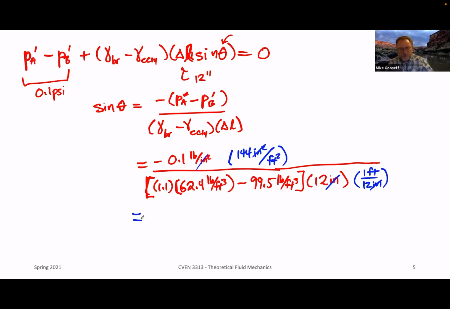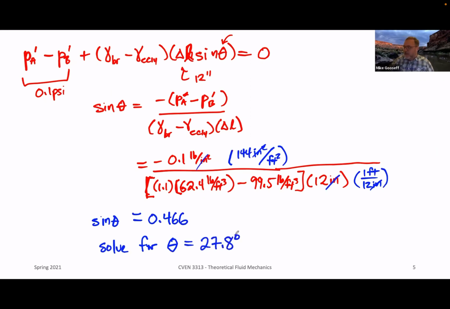Basically, I come up with, where's my magic number here? Remember on the left-hand side, we just have the sine of theta. But when I work all this out, I end up with a ratio or a fraction of 0.466. Okay, so now I just need to solve for theta being equal to 27.8 degrees.